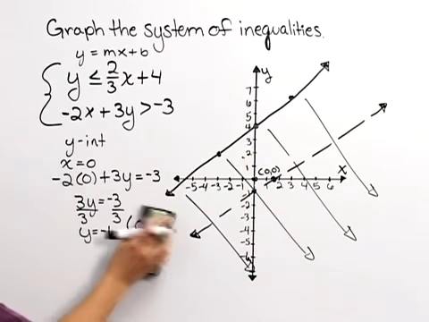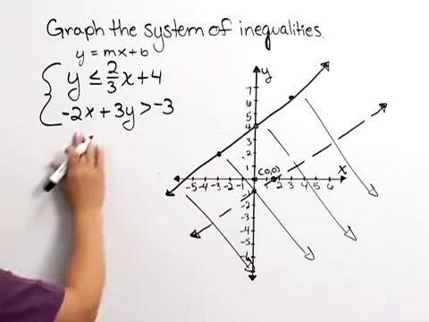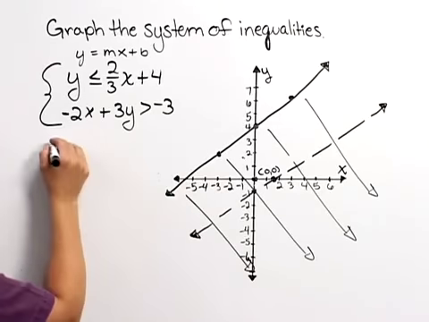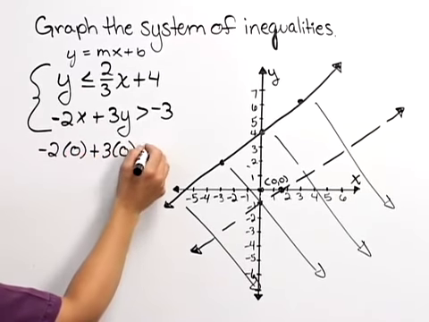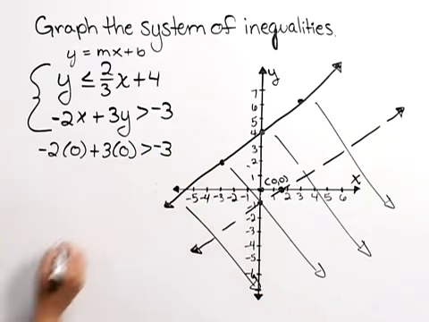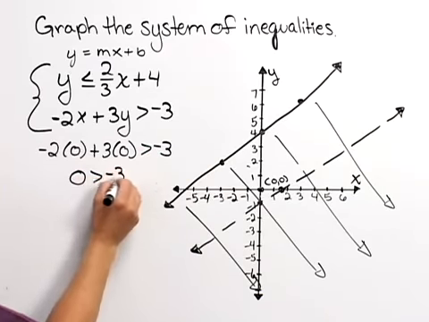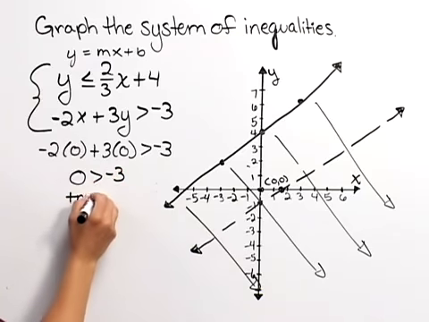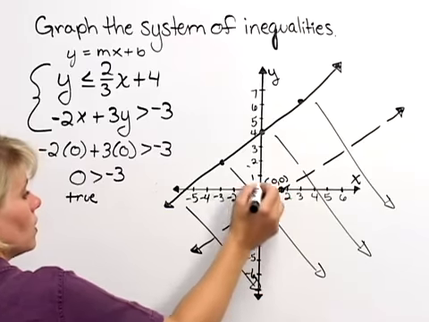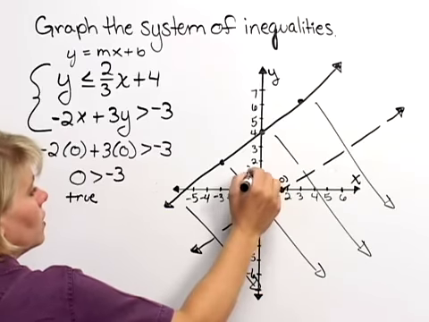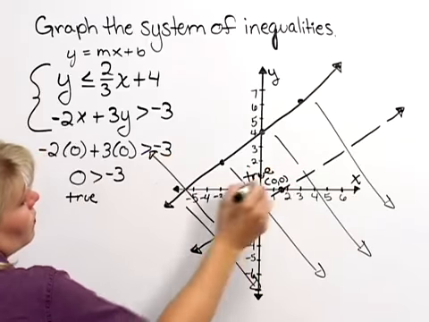So we're going to plug in 0 for our x and 0 for our y into the original inequality and see if it works. Negative 2 times 0 plus 3 times 0. We want to know if that's greater than or equal to negative 3, which gives us 0 greater than negative 3. Well, that's true. And since this point was on this side of that line, and it was true, this line would shade up here.